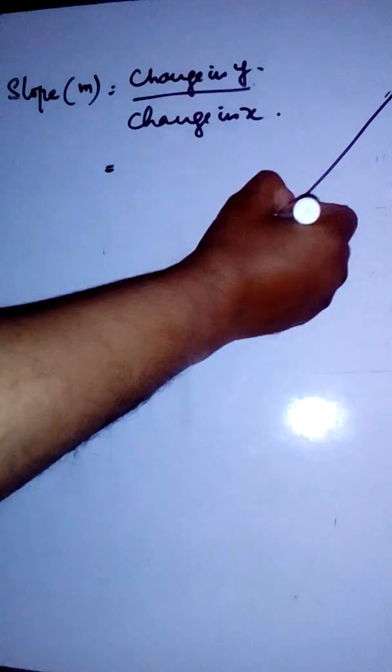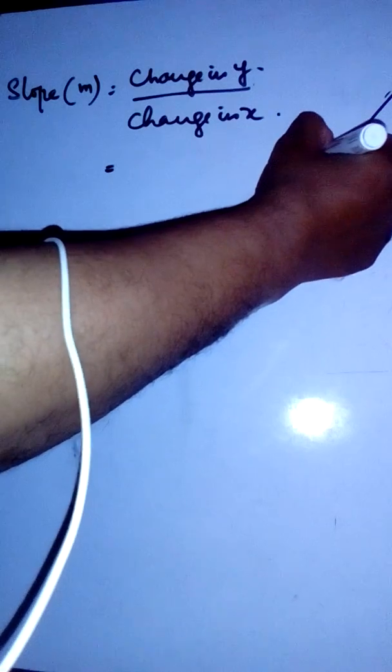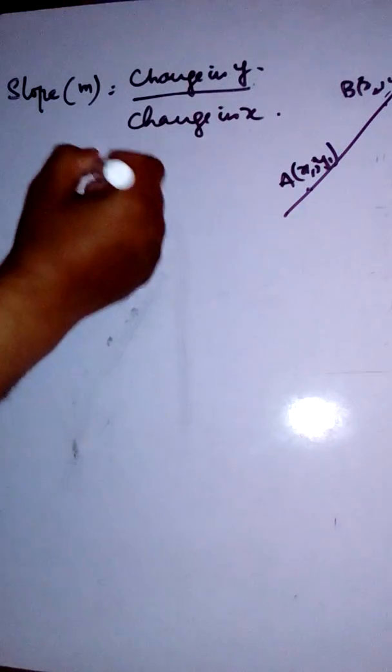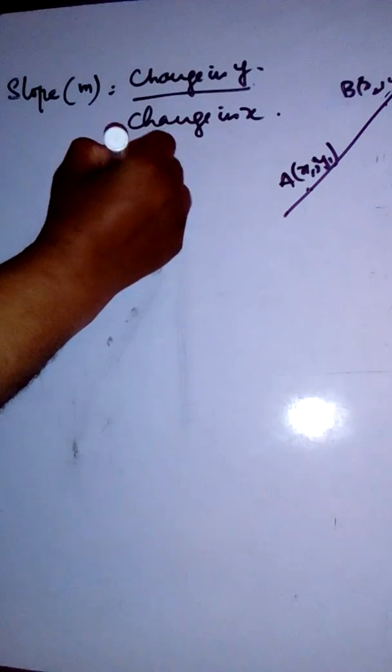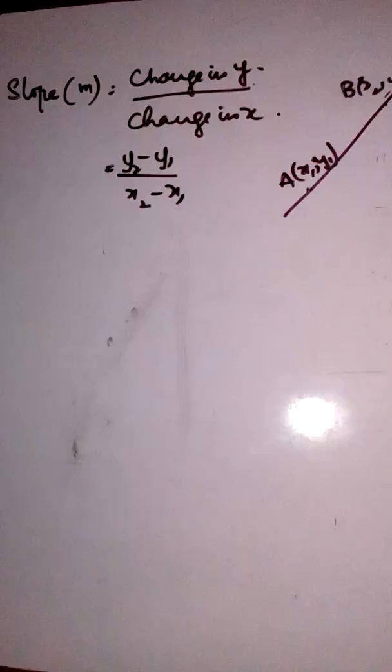So that can be written as, if I have a line with point A x1 comma y1 and point B with x2 comma y2, then the slope is given as y2 minus y1 by x2 minus x1. This is what the slope will be.